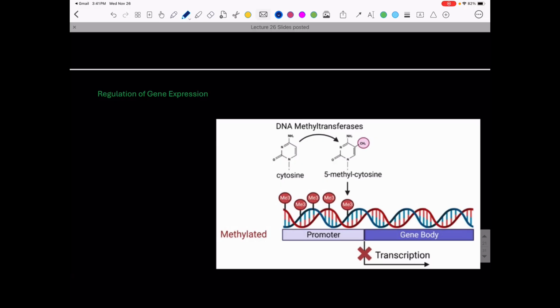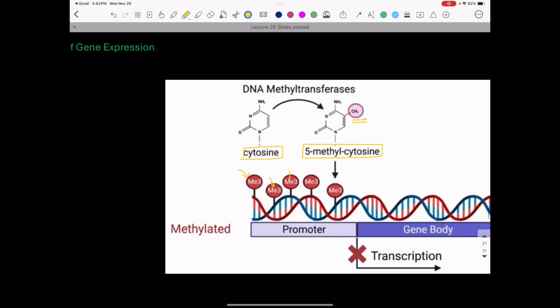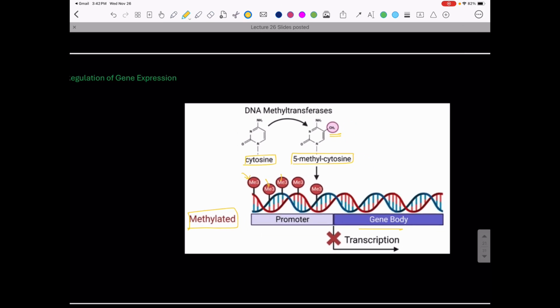The DNA gets methylated, and this addition of the methyl group on the cytosine, as you can see here, 5-methyl cytosine is going to be the product. Whenever we have the cytosine methylated in this form, we call it methylated DNA, and methylated DNA is called the silent gene, and there is no transcription happening, so it's not being converted into a protein.